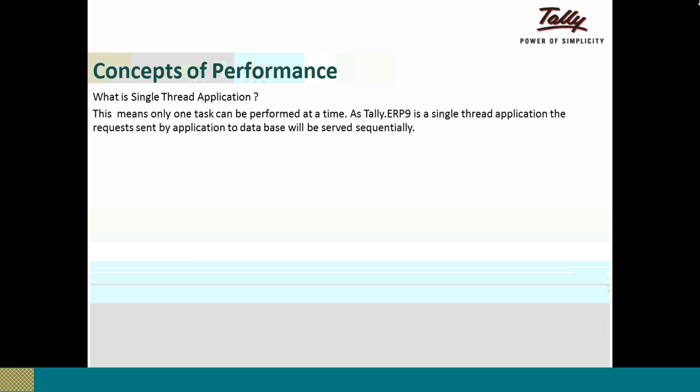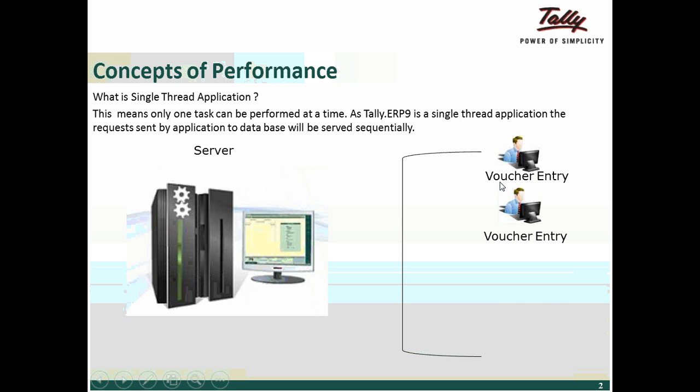Okay, so it is a pictorial presentation of how it works. Voucher entry is a write activity, so write activity will be accepted and served sequentially. For example, if I am writing a voucher and a report is being accessed, that becomes two activities.